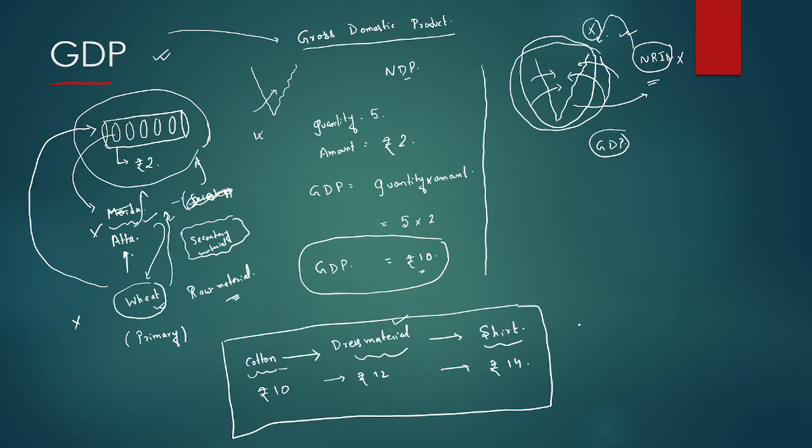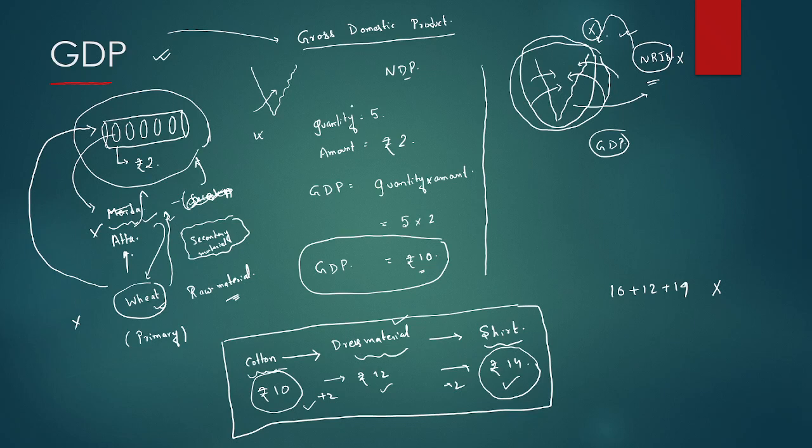Now tell me one thing, this is plus 2, this is plus 2. Should we calculate everything like 10 plus 12 plus 14? This is known as double counting. We shouldn't count at every level. So we only consider the final product.